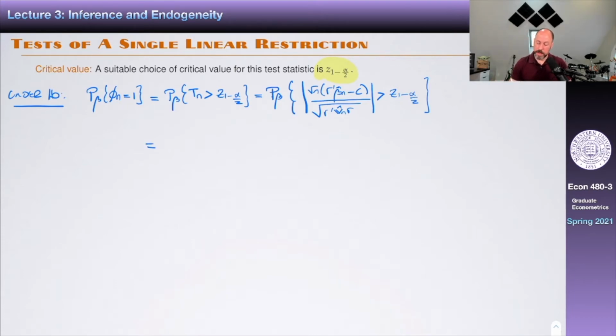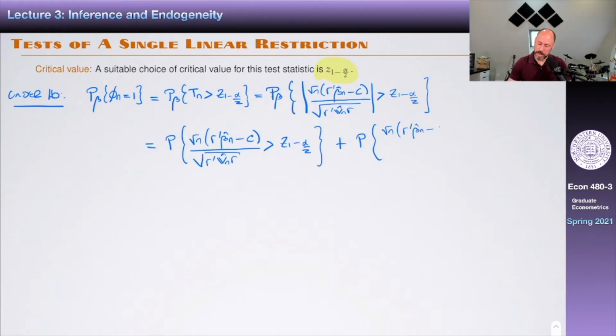And you can write this as the probability that R hat' beta hat minus c is greater than our critical value, plus the probability, same guy, less than the negative of this thing.